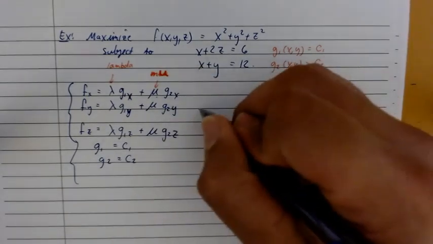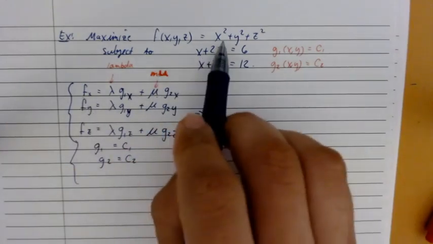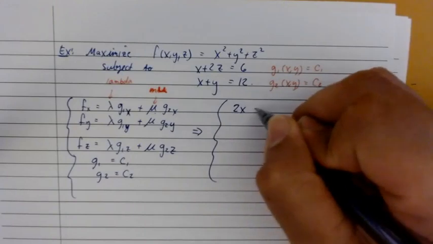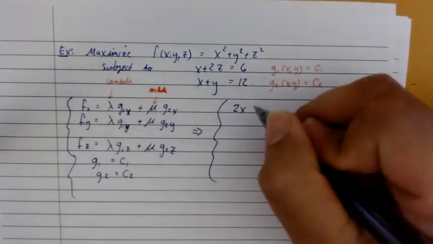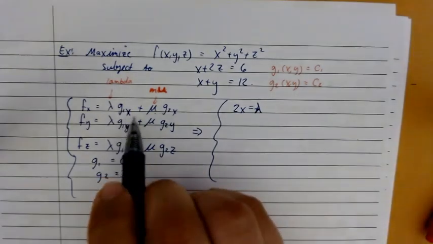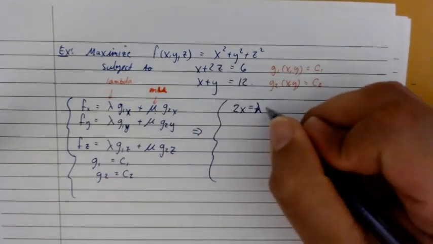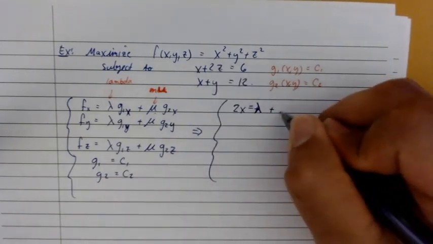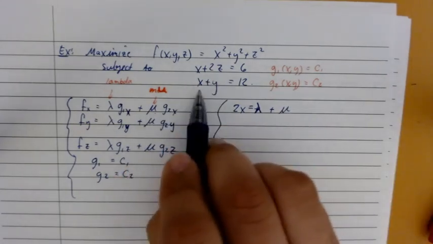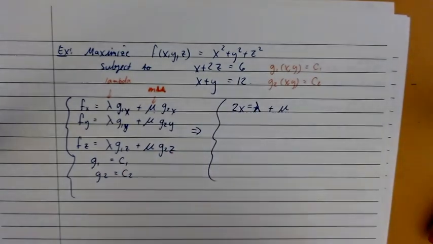So for this particular example, the partial with respect to x is 2x equals lambda times the derivative of the first constraint with respect to x, which is just the number 1, so lambda, plus mu times the derivative of the second with respect to x, which is also 1, so just mu.